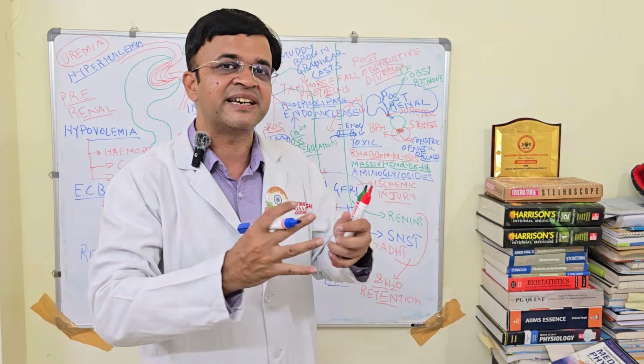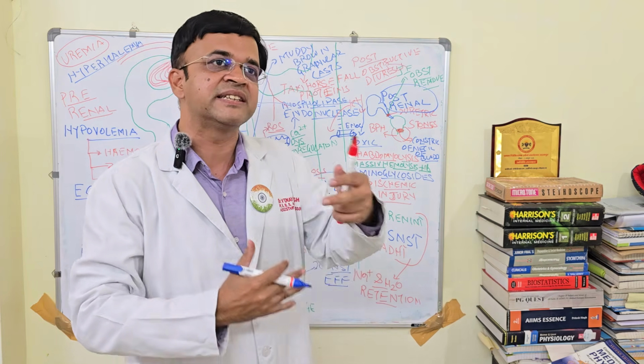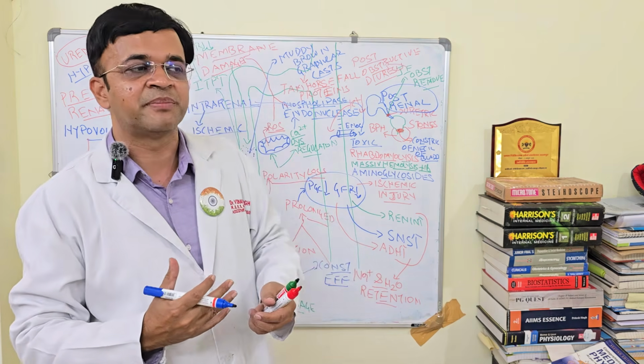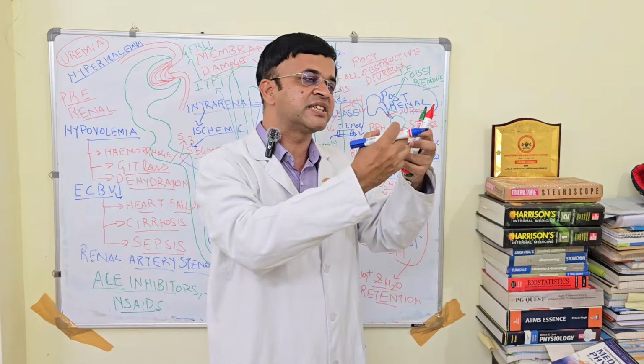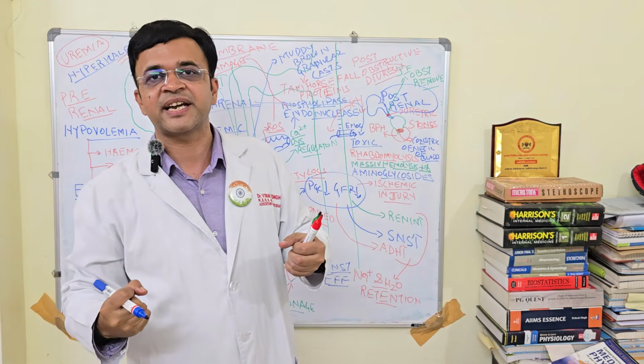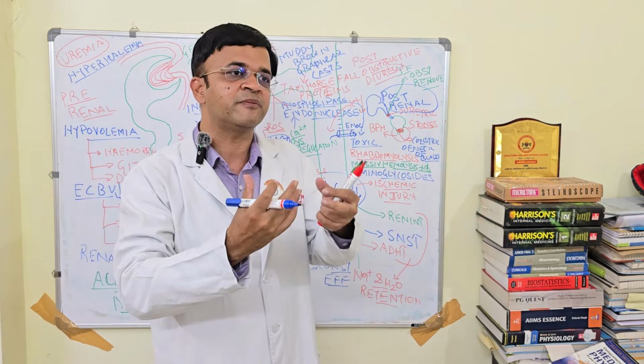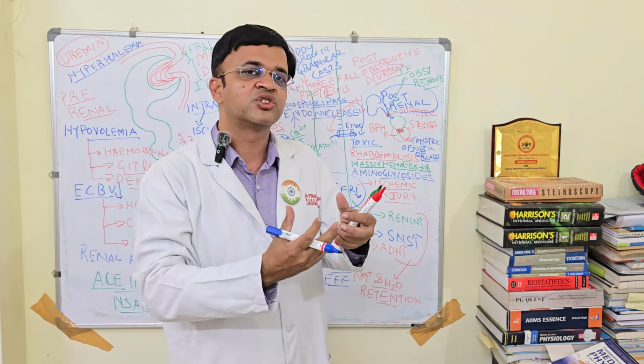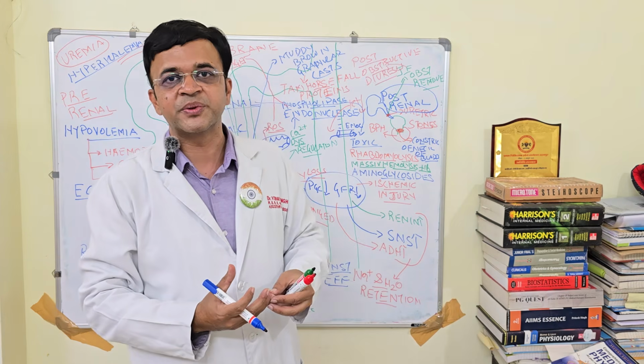Since there is ischemic damage of the PCT, the final step of vitamin D synthesis won't happen, and vitamin D is something which helps in reabsorption of calcium from the intestine. So calcium levels are going to reduce.